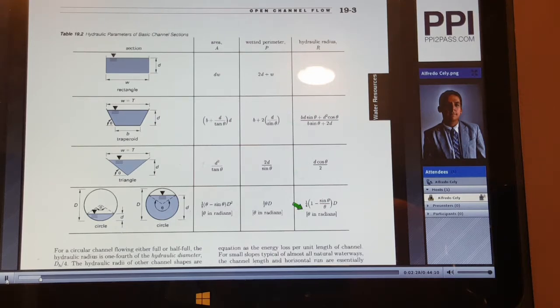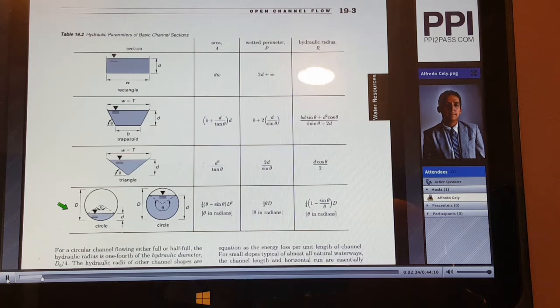For pressure conduit applications, please note this table provides you with a specific formula to calculate the hydraulic radius for a circular channel or a circular cross-section if it's not flowing full.